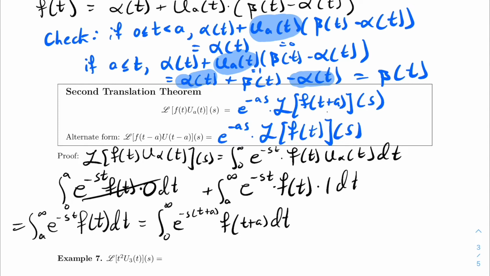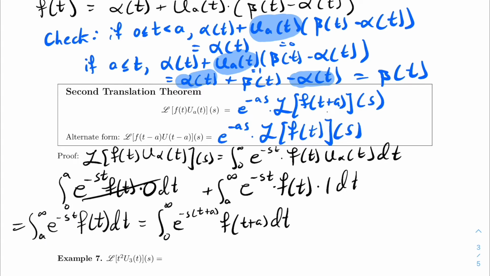Wait a second. I think this is fine. Yeah, okay, so this is from t equals a to infinity. I just said it wrong. So over here, t is going from 0 to infinity. Over here, t is going from a to infinity.